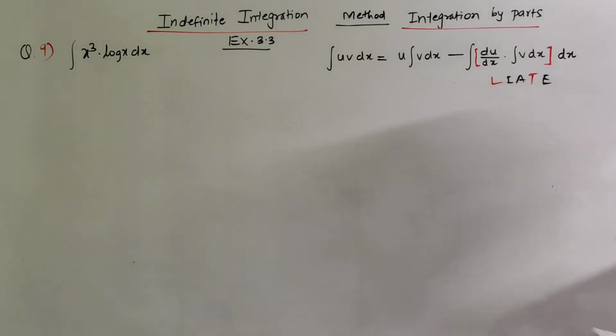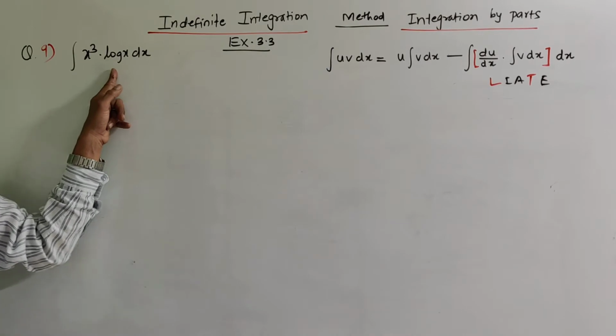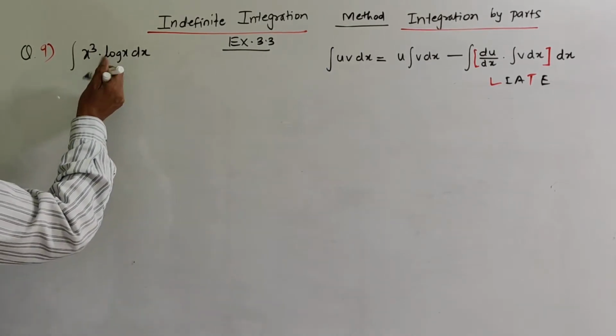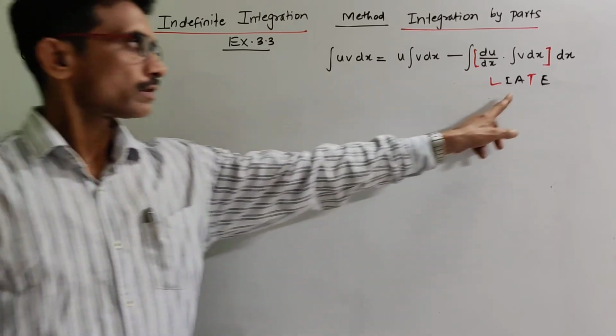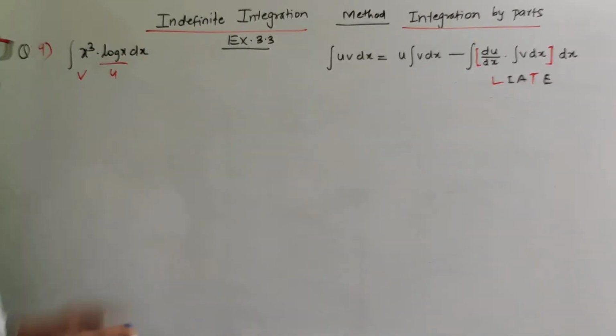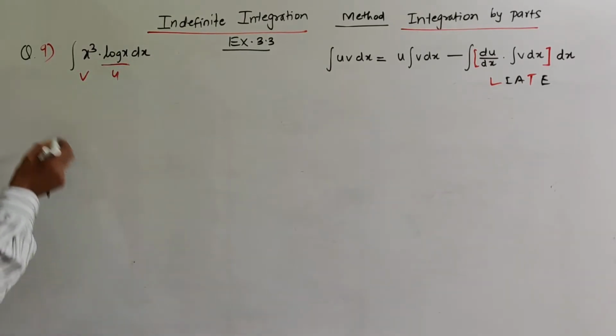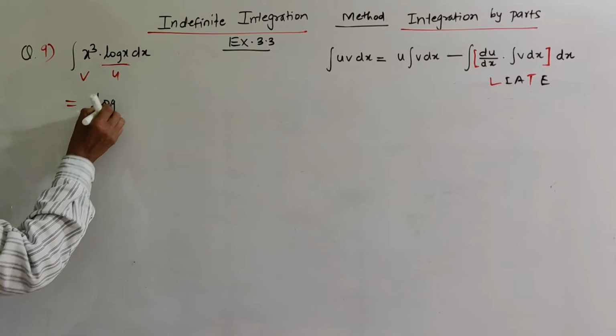Question number 9, x cube log x. So here logarithmic function we consider as first function, that is u. This will be u and this will be v, algebraic function. So algebraic function and here it is logarithmic function. So this is u. First u as it is, log of x.